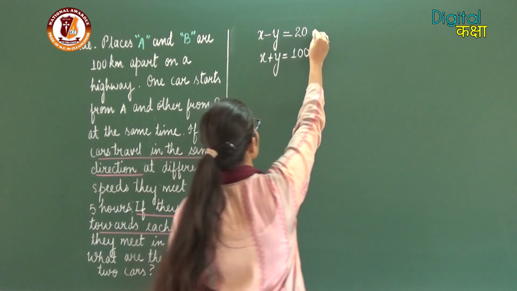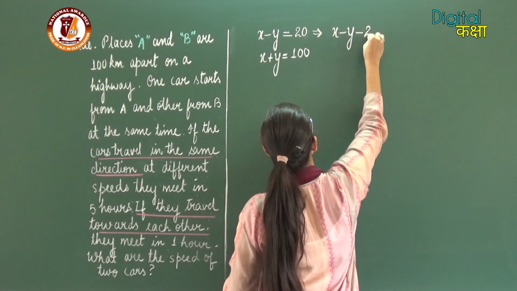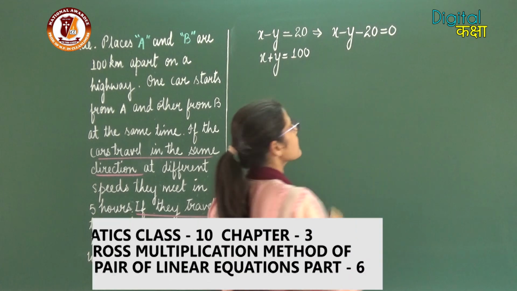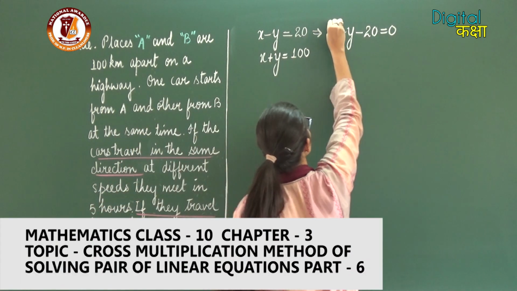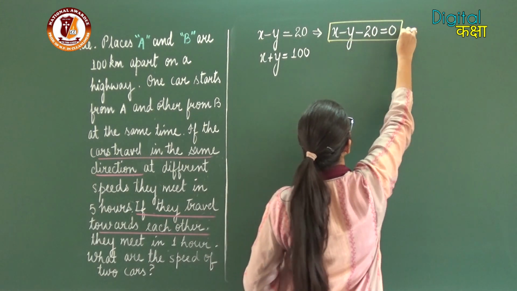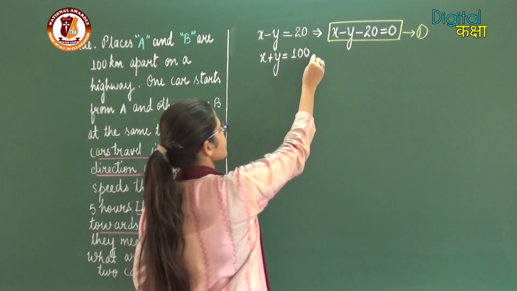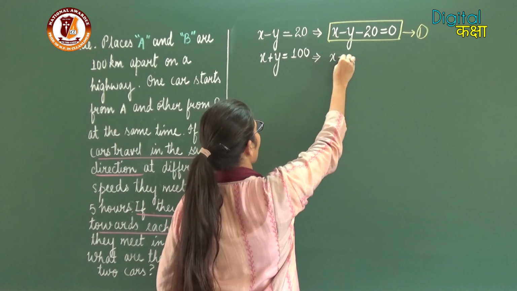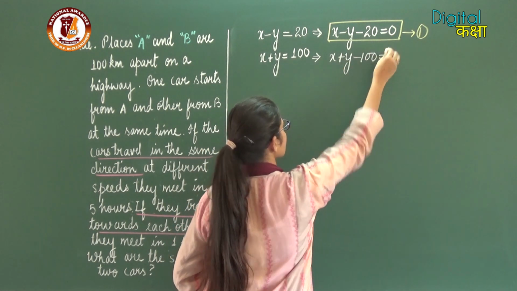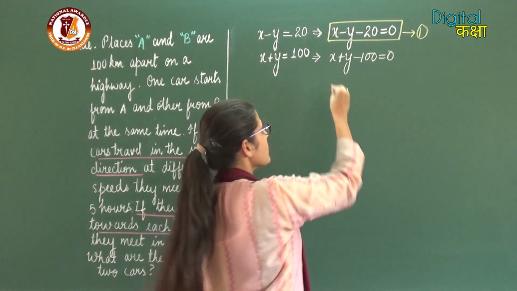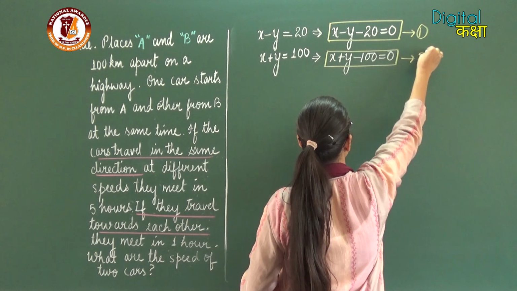So, we will be rewriting it as x minus y minus 20 equals 0. This I'll mark as equation number 1. And we will be writing the second equation as x plus y minus 100 equals 0. This will also be marked as equation number 2.